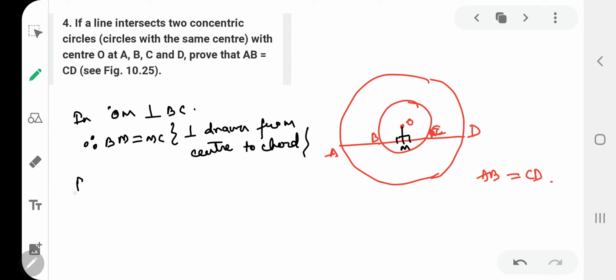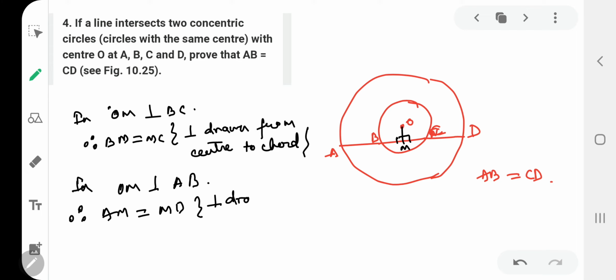And again, if we see in our bigger circle, OM is perpendicular to the bigger chord AD. Therefore, AM is equal to MD. Again, the reason is same. Perpendicular drawn from center to chord divides the chord in two equal halves.